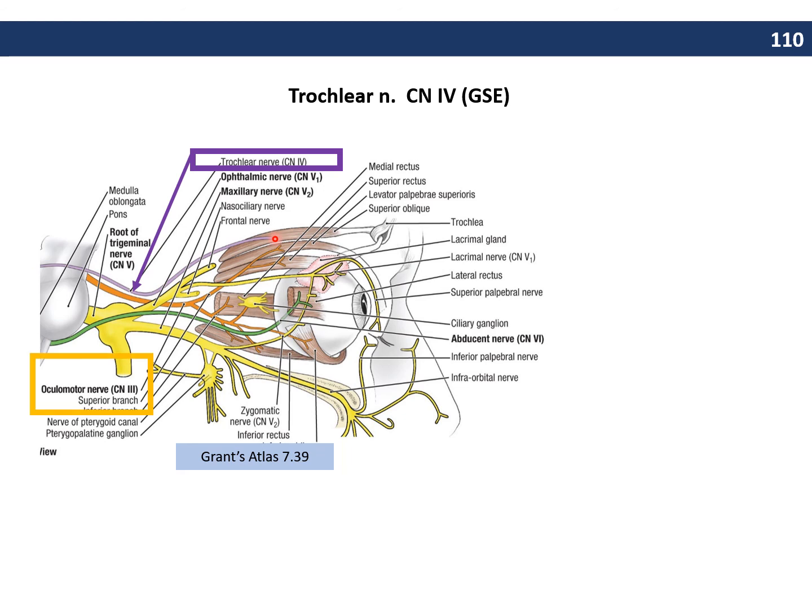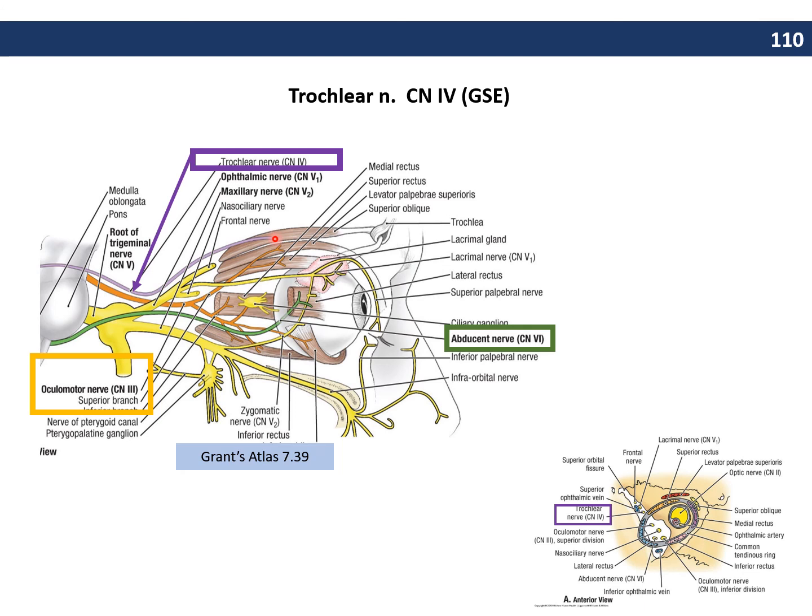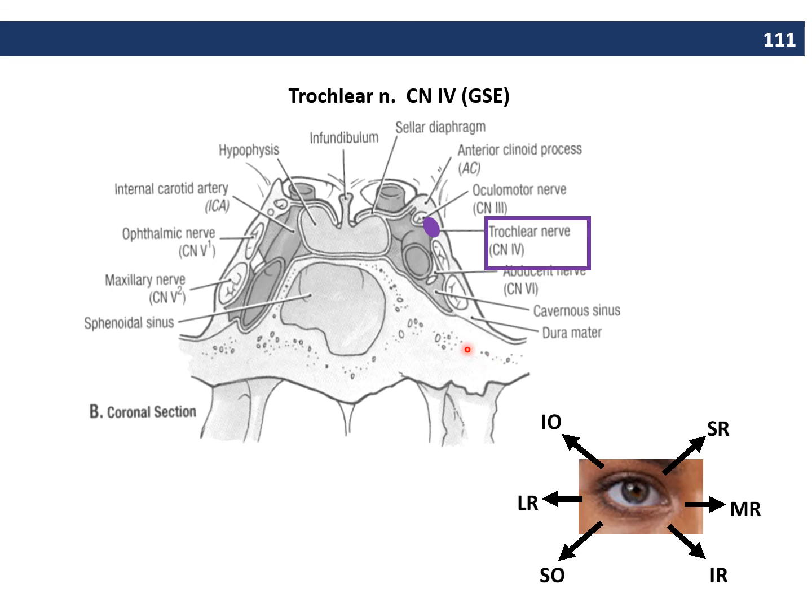And remember, the oculomotor goes to all of the other ocular muscles, with the exception of the lateral rectus, which is supplied by the abducens, which is cranial nerve 6. Here's the location of the trochlear nerve in the superior orbital fissure above the common tendinous ring. And then note the location of the oculomotor nerve and the abducens.